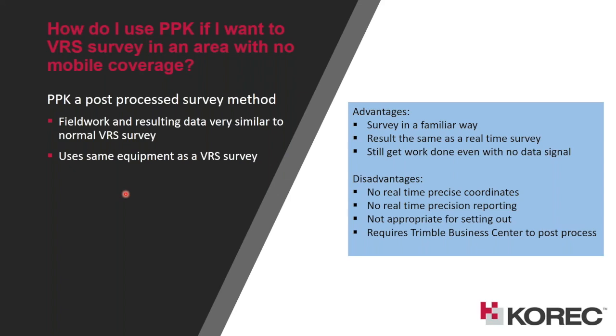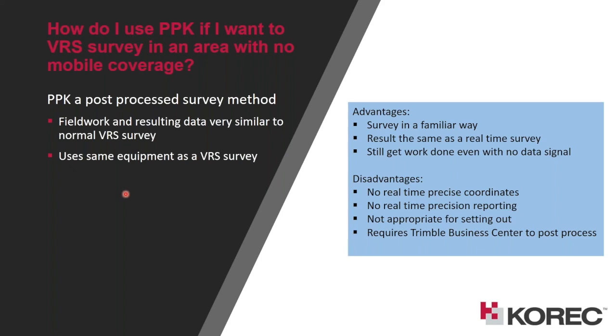The advantages, well, using PPK when there's no data signal are fairly clear. However, there are some disadvantages or perhaps considerations that you need to be aware of with this method. The most significant is that precise coordinates aren't available immediately in real time in the field, as you'd probably assume for a post-process survey method, and therefore PPK isn't going to be appropriate as a method to use when setting out.